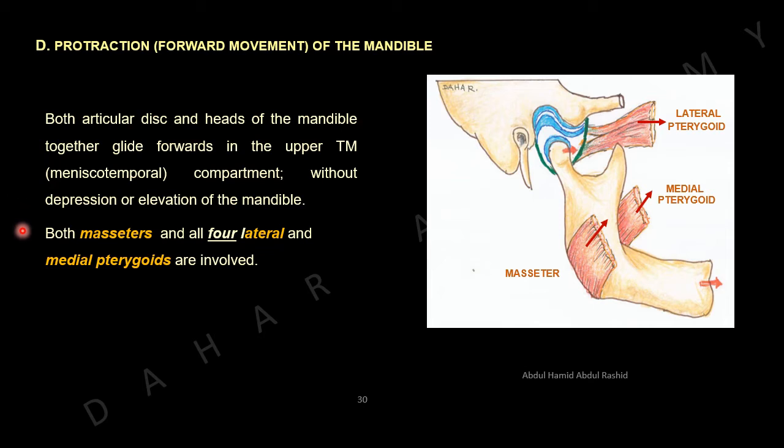Both masseters and all 4 lateral and medial pterygoids are involved in such movement. This is lateral pterygoid, this is medial pterygoid, and this is masseter. So all these muscles on both sides will act in this action.